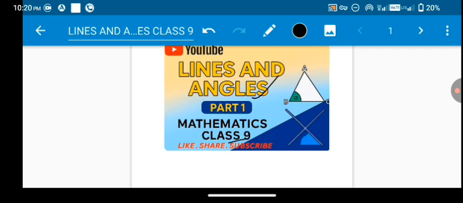If we are studying lines and angles, we must know how a line forms, how an angle forms, what is a line, what is a ray, what is a line segment, what is a point.